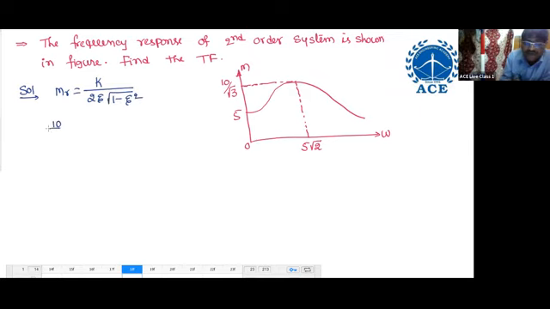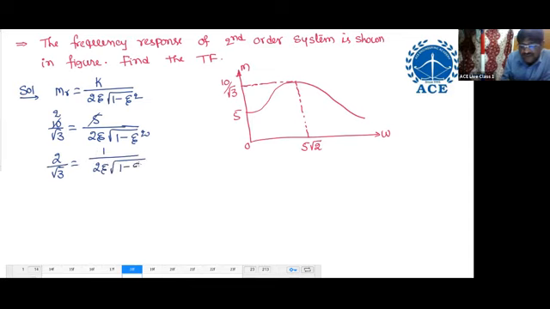MR is 10 by root 3. What is K? At omega 0, K is 5. So 5 by 2 zeta root of 1 minus zeta square. So 2 by root 3 equals 1 by 2 zeta root of 1 minus zeta square.